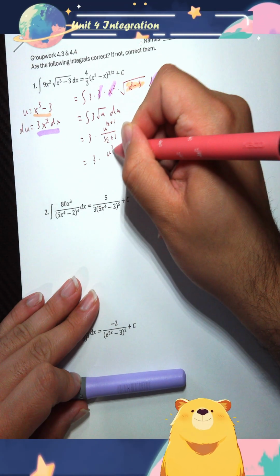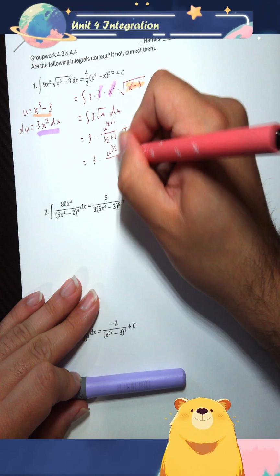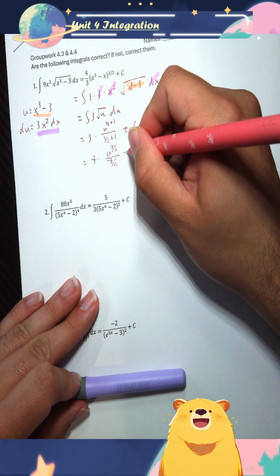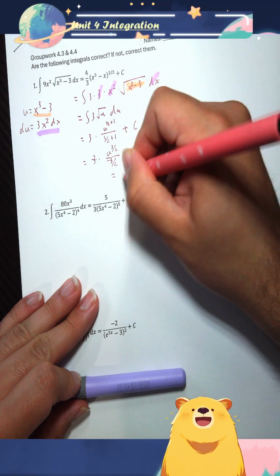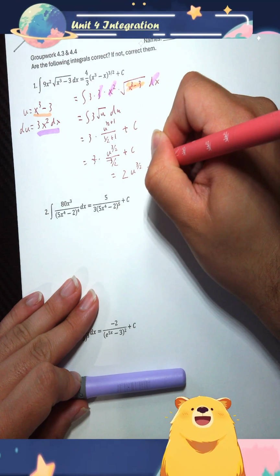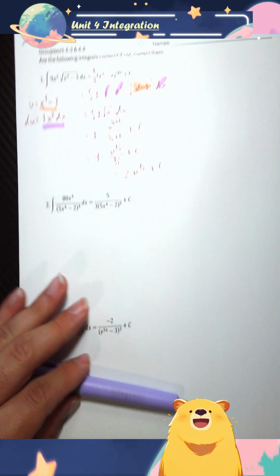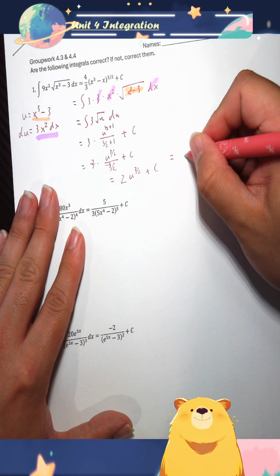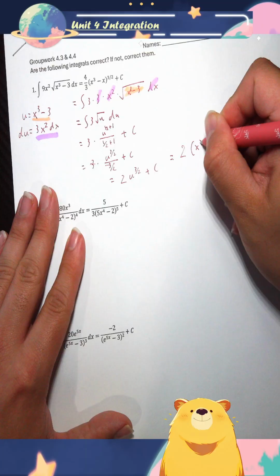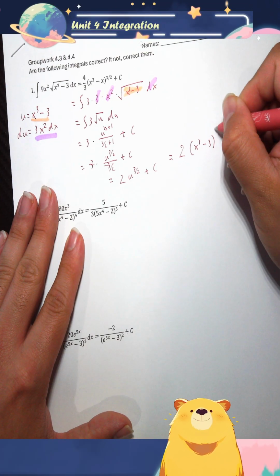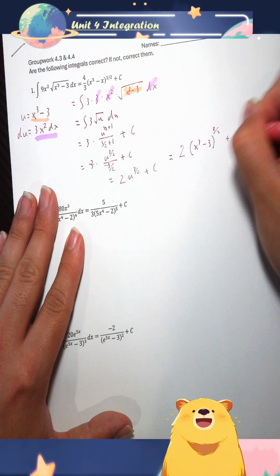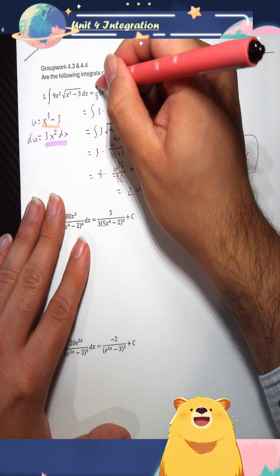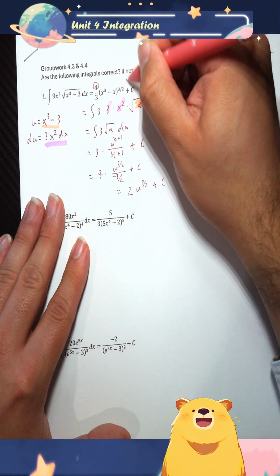We got u to the 3 over 2 over 3 over 2. Those will cancel out, and we can rewrite the 1/2 on the top. So I have 2u to the 3 over 2 plus c. And then all that's left is to plug the u back. So we have 2 times (x^3 minus 3) to the power of 3 over 2 plus c. And that's our answer. Is that what we got? No. There was a mistake with the 4, so therefore this is not the right answer.